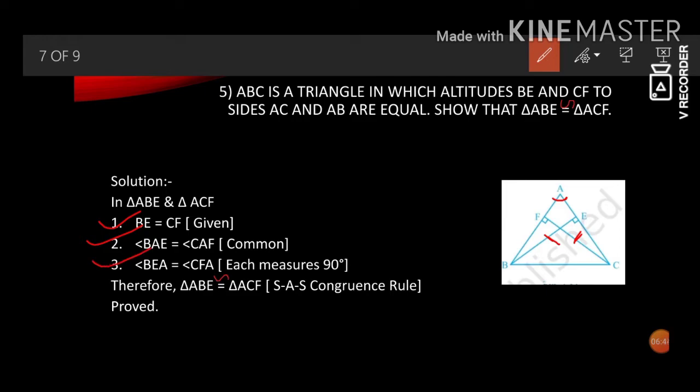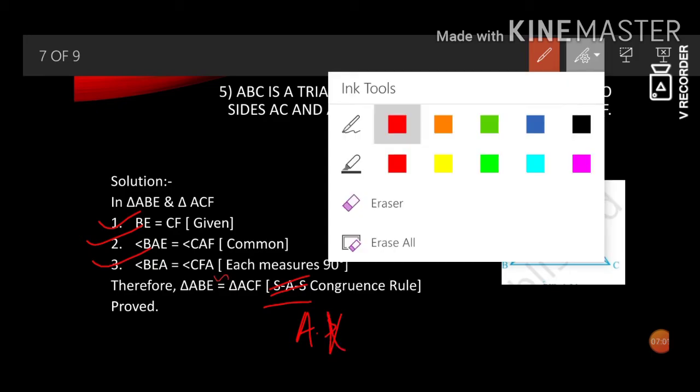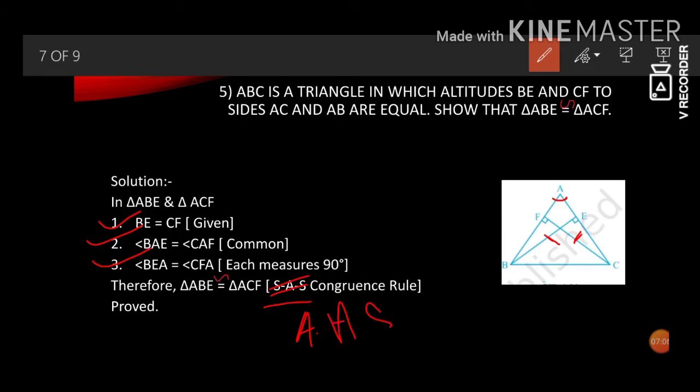So we can say that the triangles ABE and ACF are congruent to each other by angle angle side congruency rule, as both the angles are included and the side is not the included side. So the congruency rule will be angle angle side congruency rule.